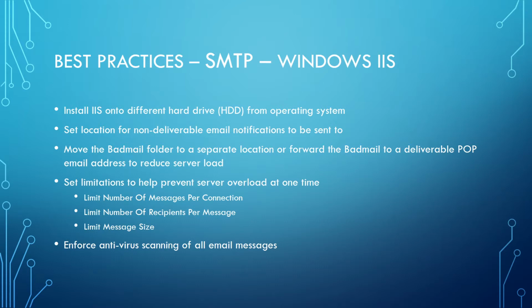You can also set limitations to help prevent server overload at one time. You can limit the number of messages per connection, limit number of receipts per message, limit message size. Then you also want to enforce antivirus scanning of all emails. This is to help prevent anything going out of your network from being a virus and spreading infections to other people.